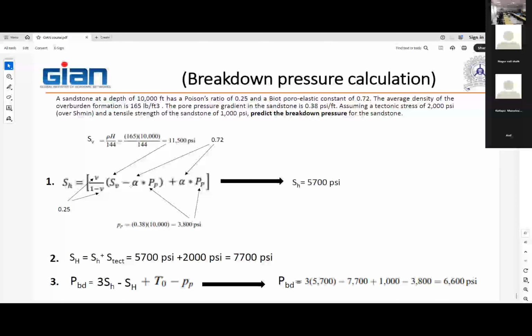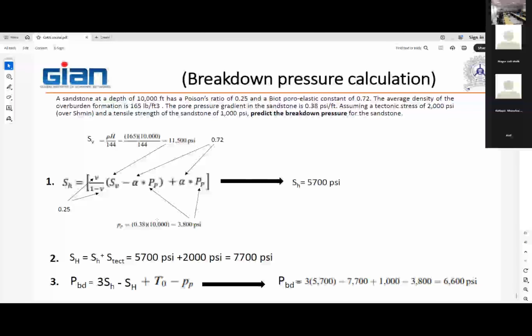Minus alpha, the Biot coefficient, which is given as 0.72. Okay, and the pore pressure is what? You are given a pore pressure gradient of 0.38 psi per foot. So if you want to calculate in psi, what will you do? You will multiply this number with the depth. So you get what? 3,800 psi.